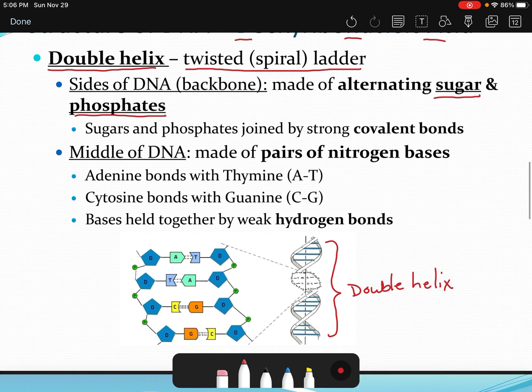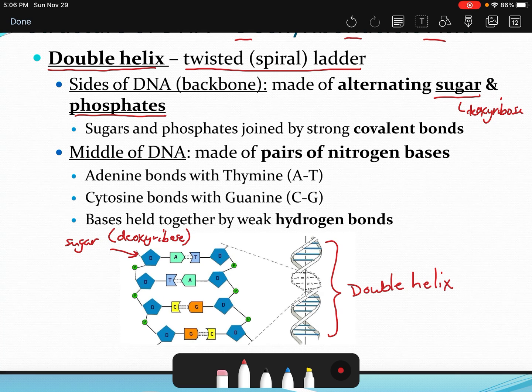Okay, so here you have the sugar for DNA is deoxyribose. That's why you have a D right there. So that's actually your sugar, deoxyribose. Okay.